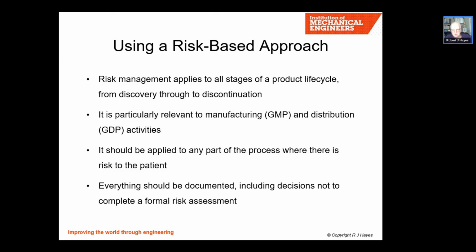And this should be documented, including decisions not to complete a formal risk assessment, because what any inspector is looking for, what any auditor is looking for, is that you've thought about these things. And just to not do something doesn't necessarily indicate you've thought about it. If you've documented that we looked at this and decided it wasn't necessary, then that's documented proof that you've made a conscious decision not to take it any further, or if the risk is high enough, then you've gone through a formal risk assessment process.